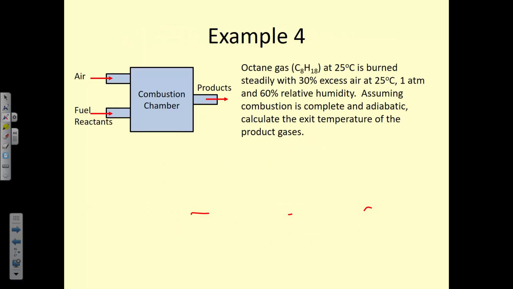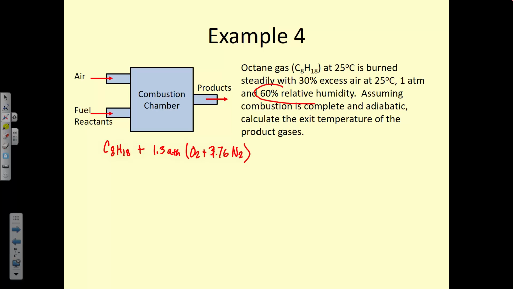Okay, so let's do an example with octane gas, and we're going to go through this one kind of quickly. So you'll have C8H18 plus 30% excess air, so 1.3 A theoretical times O2 plus 3.76 N2.